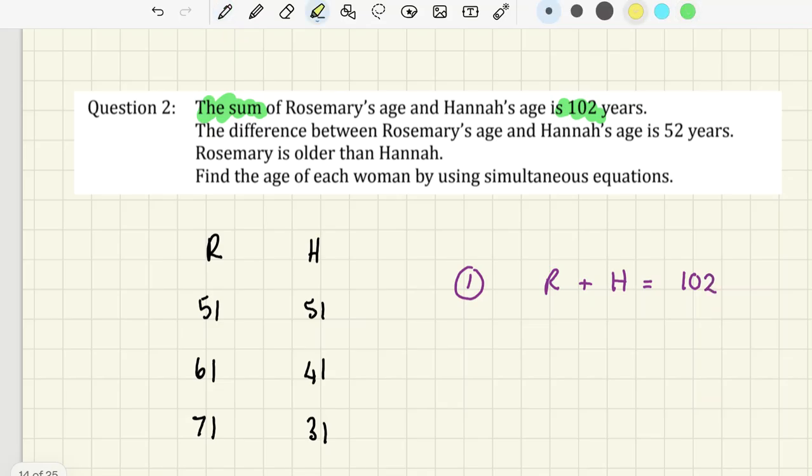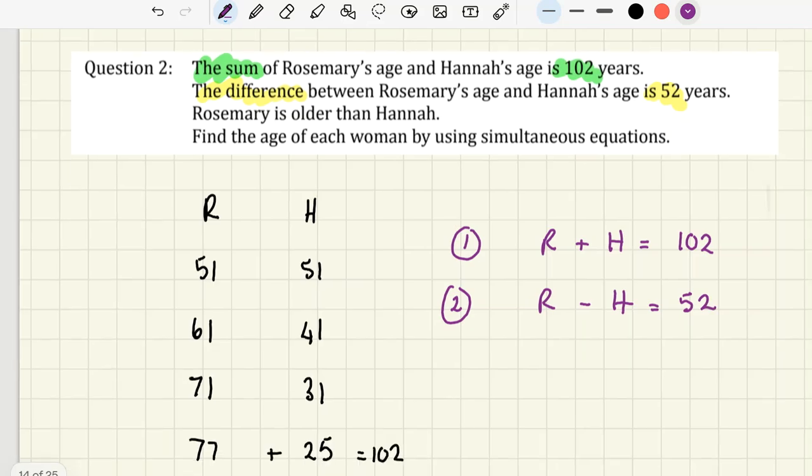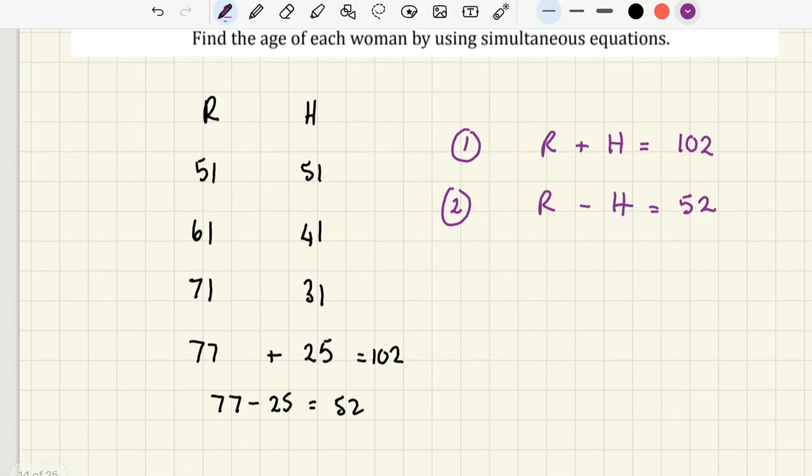And the next piece of information is the difference, R minus H is 52. Because we know that Rosemary is older, we should do R minus H is equal to 52. Right, so there's your two equations. And what would you do now?